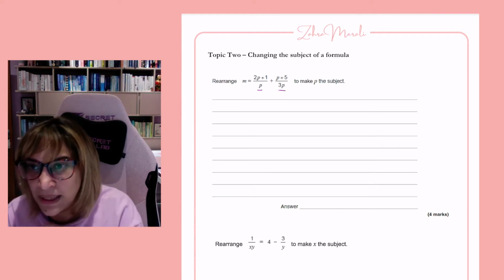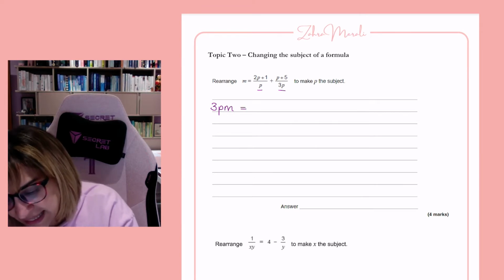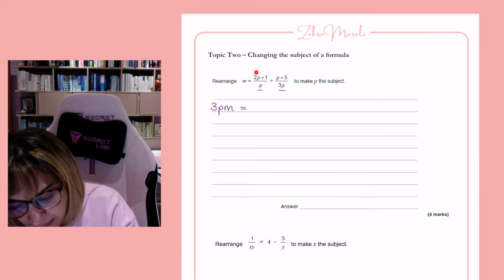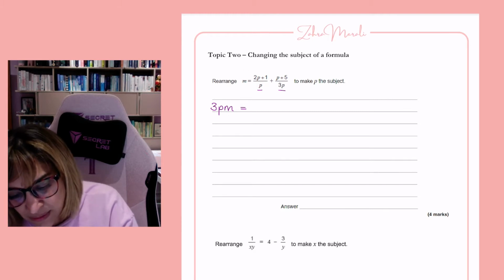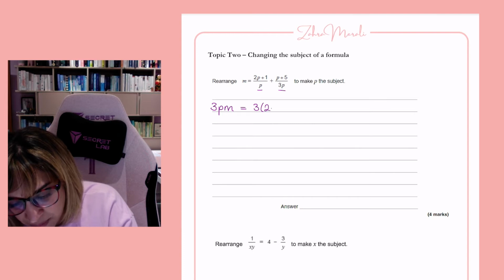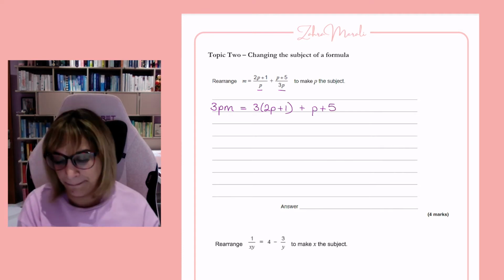So if I multiply everything by 3p, I get 3pm. If I take this and multiply it by 3p, the p's are going to cancel, and I'm going to be left with the top of it multiplied by 3. And if I multiply the last one, I'm going to end up with that.